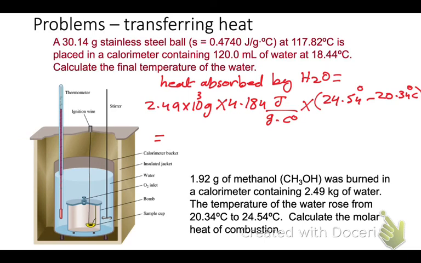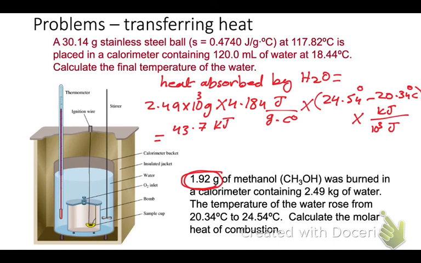For convenience here, because this number is going to be large, I'm going to convert it into kilojoules. For every kilojoule there are 1,000 joules. So if I divide by 1,000, the answer will be 43.7 kilojoules.